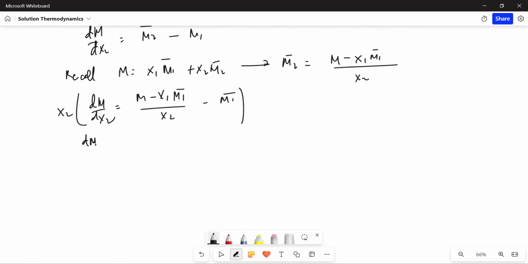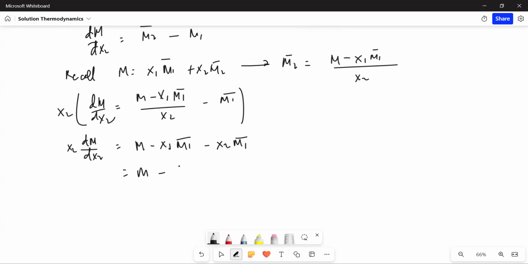That would give us dM over dx2 times x2, and the denominator will go away, equal to M minus x1 M1 bar minus x2 M1 bar.